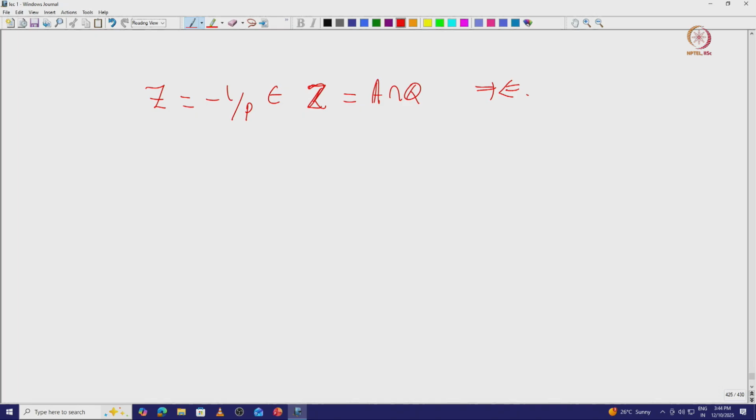So, we get a contradiction by assuming that G is simple in the first place. That means our assumption that G is simple is not correct. So, from this we conclude that G is not simple.